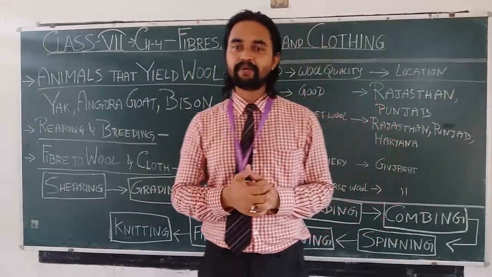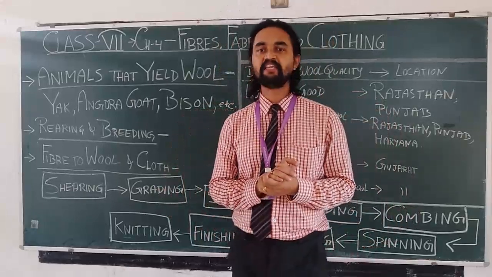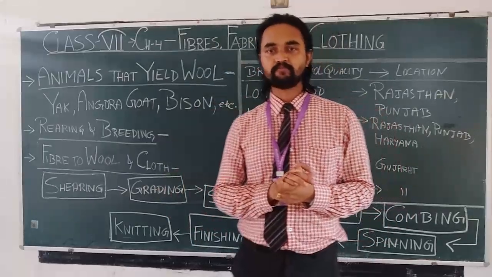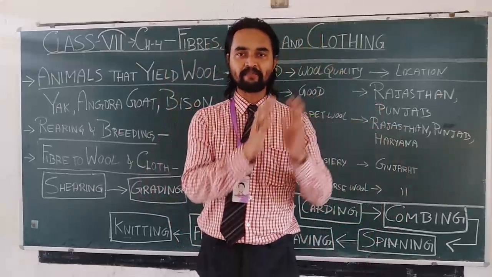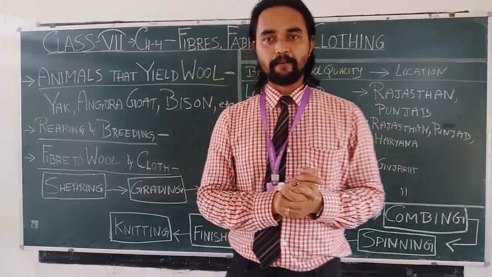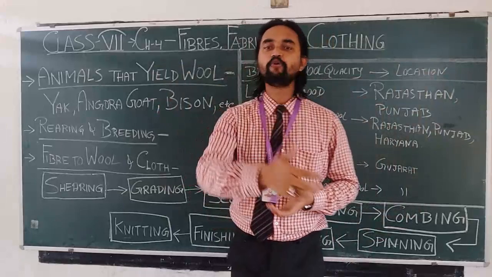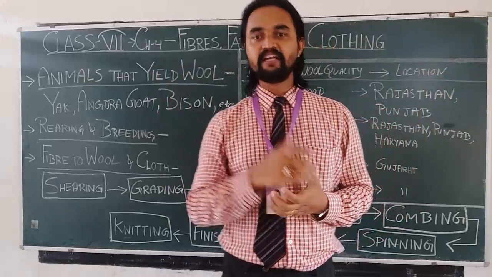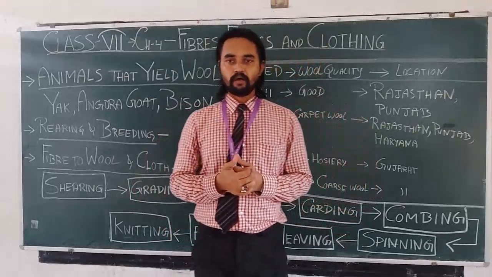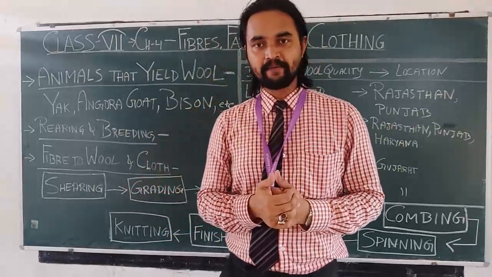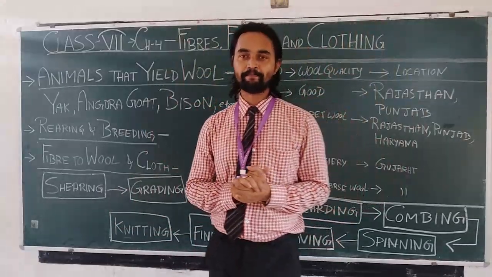The next step is breeding. What do we mean by breeding? Breeding is a process in which we choose two animals of different gender. That means one animal is male and one animal is female. By the crossing of these two animals, we get a new offspring, and the new offspring is of better quality. Year by year, day by day, the population of human beings increases in a vast way.